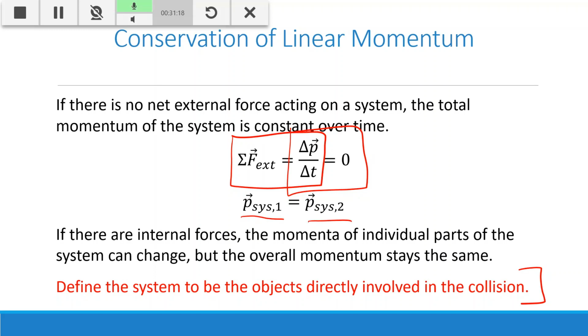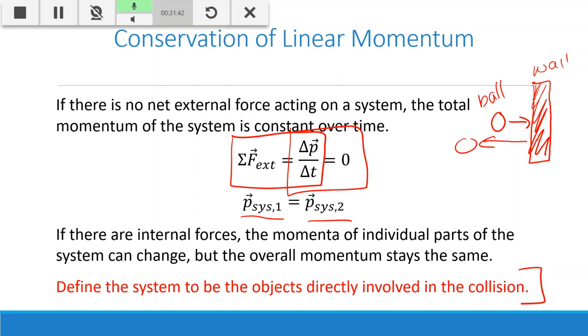Times when momentum might not be conserved, at least linear momentum, is if you have an object that is fixed in place. For example, if I have a wall here, and I have a ball collide with the wall, the ball could bounce off and change momentum.